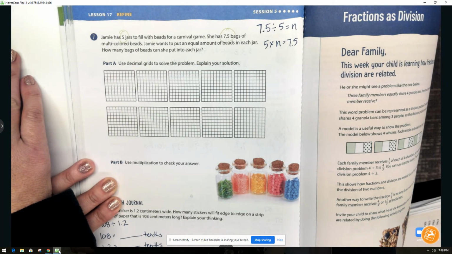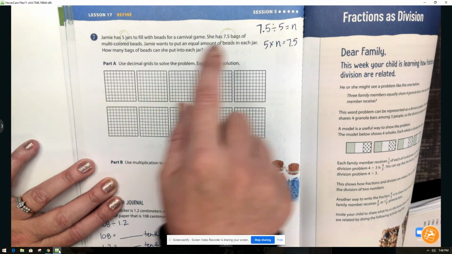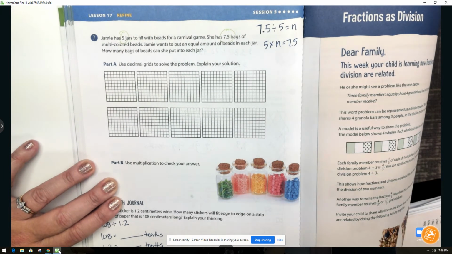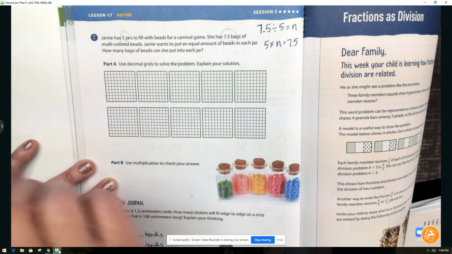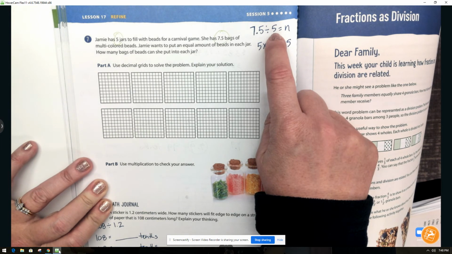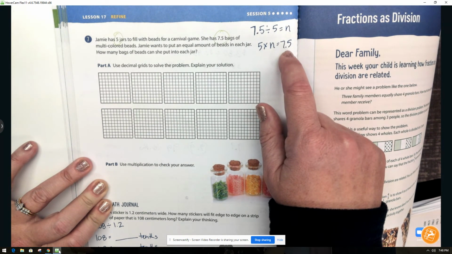So you need to take 7.5 bags and split it into 5 groups and figure out how many go into each group. So you're going to go, what is 7.5 divided by 5? It equals n. So 5 times what equals 7 and 5/10?